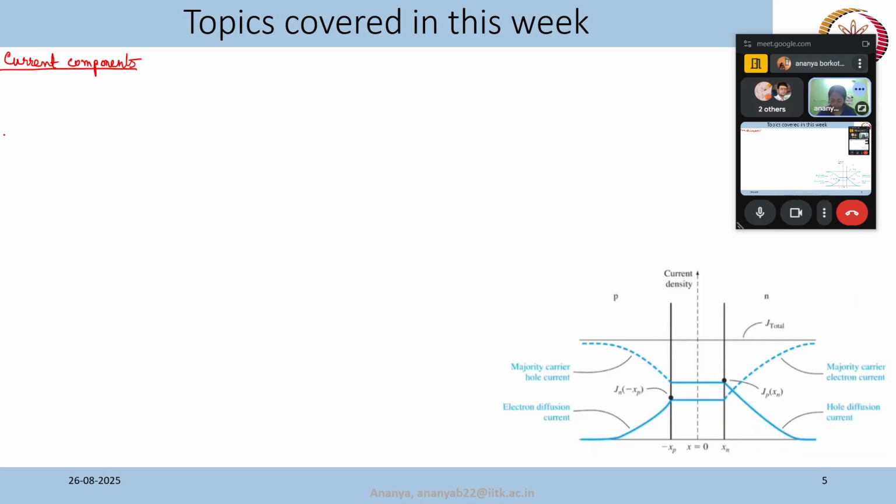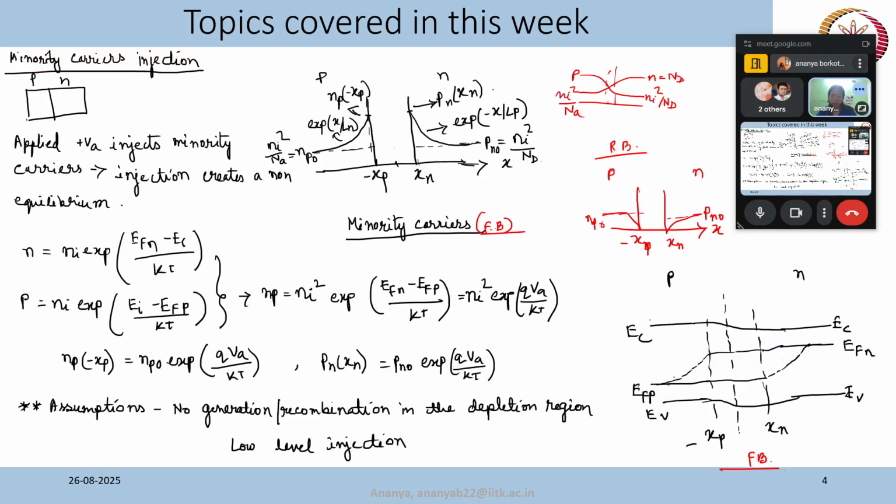So we know that on the n side our minority carriers look like this. In forward bias, we get current due to diffusion of minority carriers. Holes are diffused towards the n side, holes are minority carriers, and because of this diffusion we get some current.